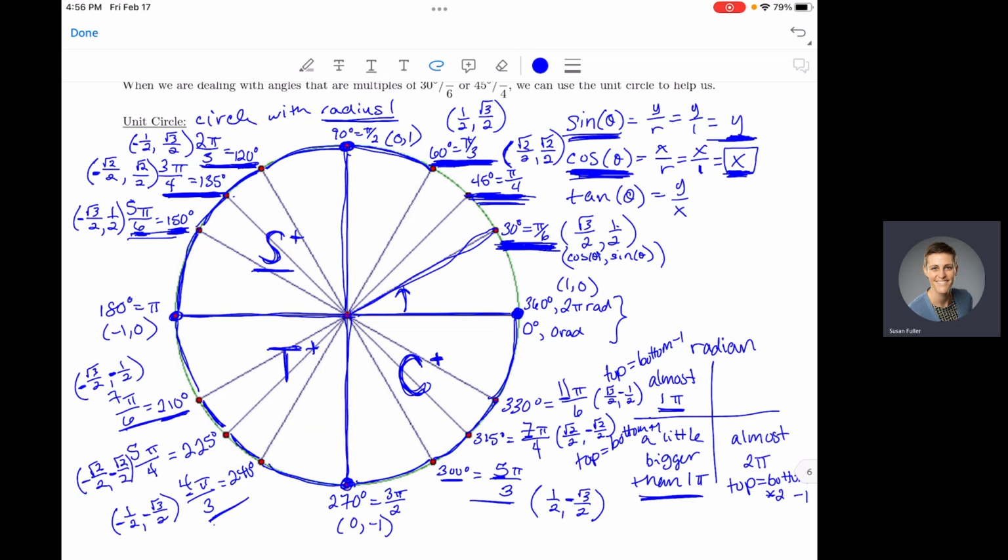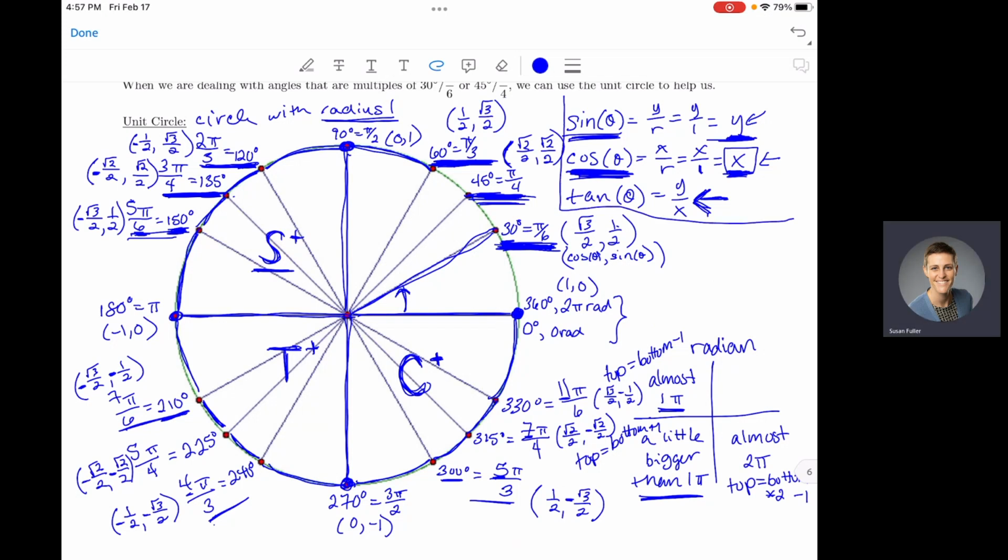And again, all of these ordered pairs are going to help us quickly and easily grab trig values of any of these angles that appear on our unit circle. Again, y is our sine value and x is my cosine value. If you need to calculate a tangent value, that's not directly on the unit circle, but remember, tangent is y over x.